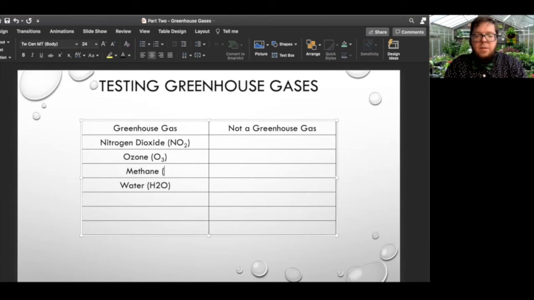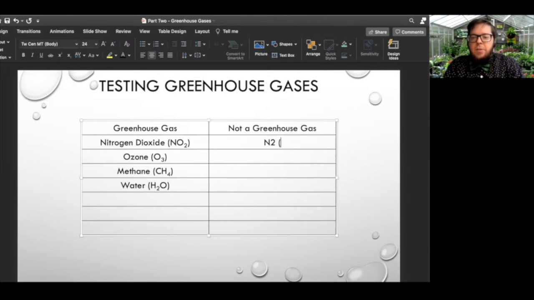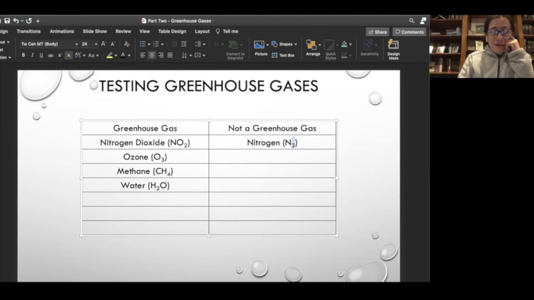Methane, CH4, a carbon and four hydrogens, right? So there's our methane and our water. Nitrogen is not a greenhouse gas. Correct. N2, diatomic nitrogen, is not a greenhouse gas. It will not interact with the infrared radiation no matter how hard you try.